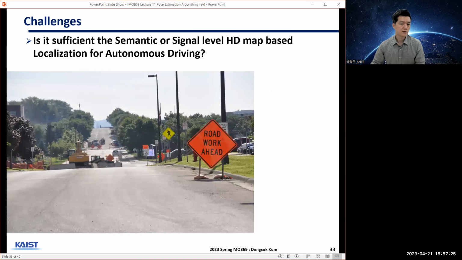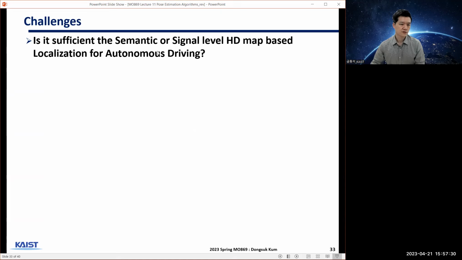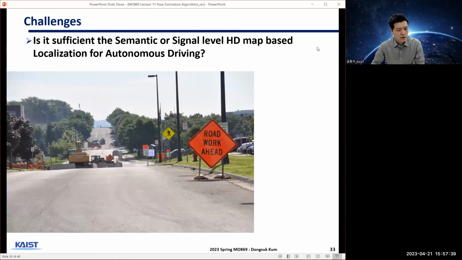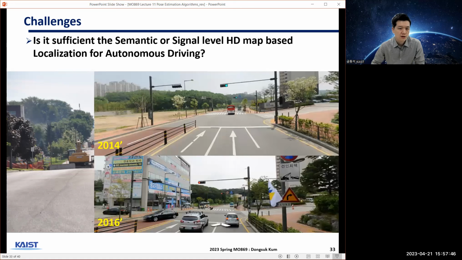So I am showing some challenges here. Is it sufficient, the semantic and signal level HD map based localization for autonomous driving? Well, what if the environment changes, such as construction? Over time, our environment changes. So one of the major challenges in mapping and localization is that our environment changes.